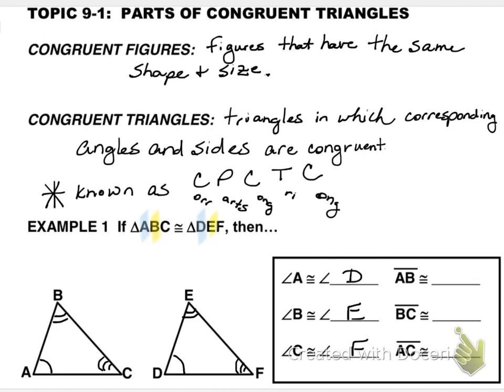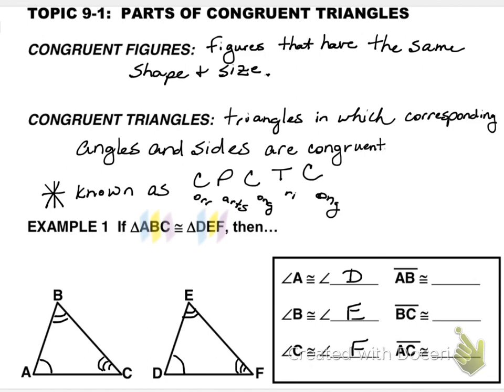B and E would be the same, because they're in the same spot in the name of the triangle. And also C and F. Again, you can tell by the naming convention. So if you don't have a picture, you can do it from the name.